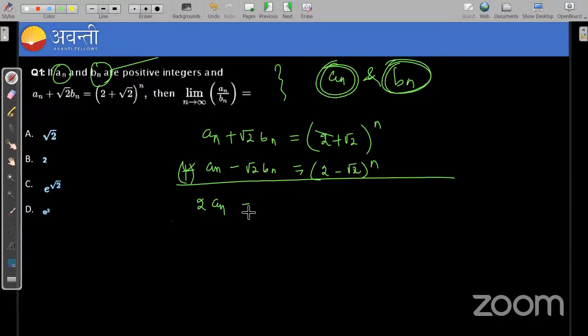So 2 into an will be 2 plus root 2 whole to the power n plus 2 minus root 2 whole to the power n.